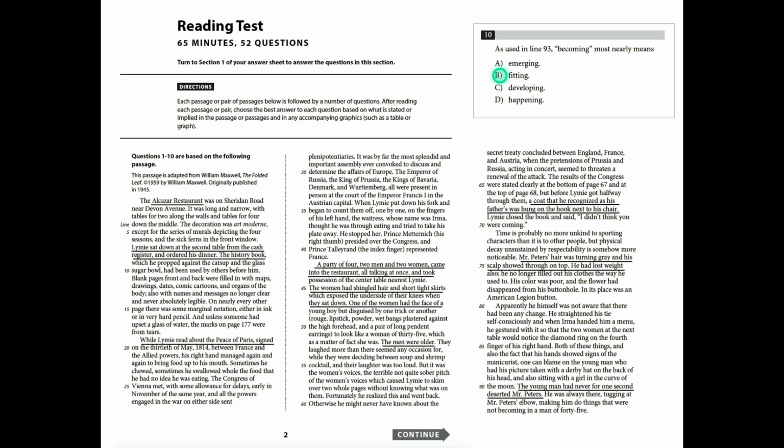In other words, he's doing something that is not fitting in a man of 45. Fitting and becoming, in this particular case, are words that you could use, although becoming is a much better choice if you are writing this story. But emerging, developing, happening don't work. The correct answer is B, fitting.